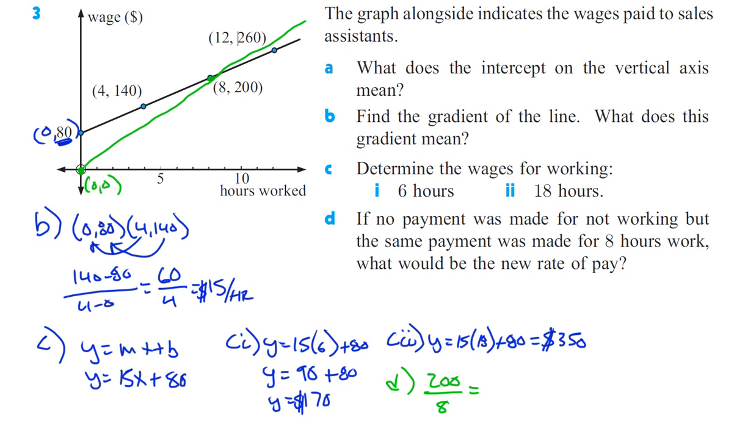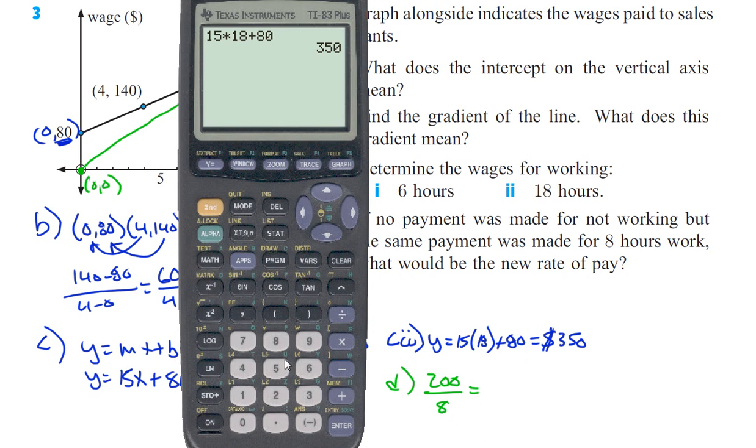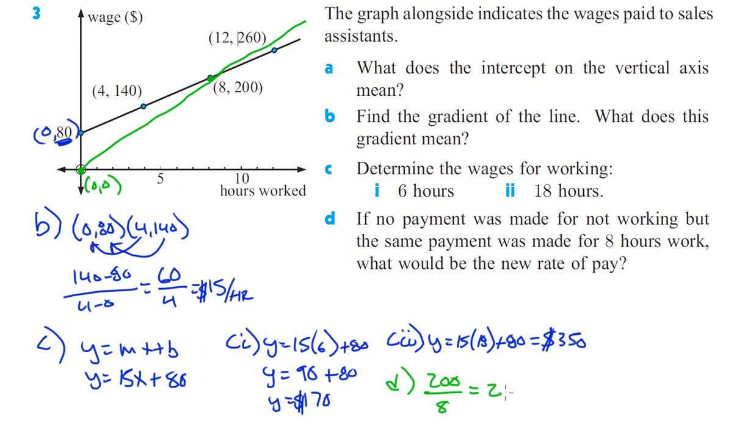Let's just get this on here. 200 divided by 8 is going to give us 25. So now they're making $25 per hour. Okay? All right.